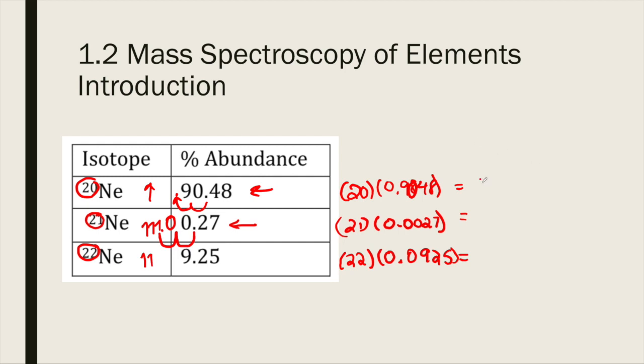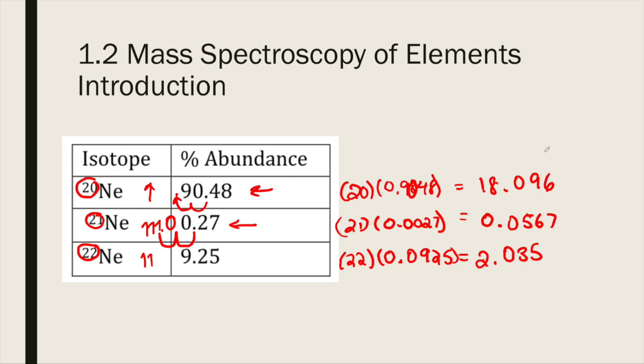And I get 18.096. I do 21 times 0.0027. And I get 0.0567. And then lastly, 22 times 0.0925. And that gives me 2.035. And don't worry about sig-figs as of now.